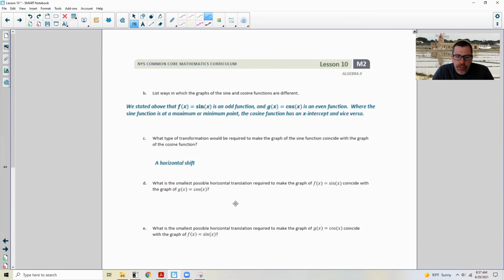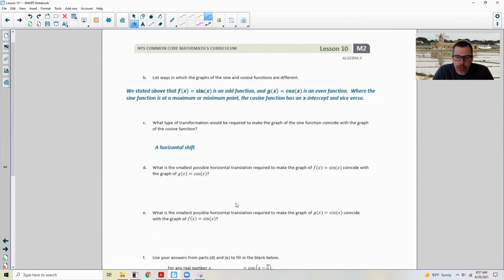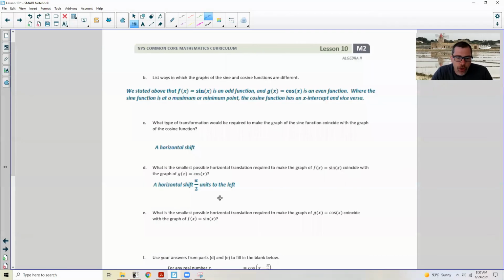D. What is the smallest possible horizontal translation required to make the graph of f of x equals sine x coincide with the graph of g of x equals cosine of x? Well, I've already answered that. The shorter distance would be going to the left, pi over 2 units. E, what is the smallest possible horizontal translation required to make the graph of g of x equals cosine x coincide with the graph of f of x equals sine x?